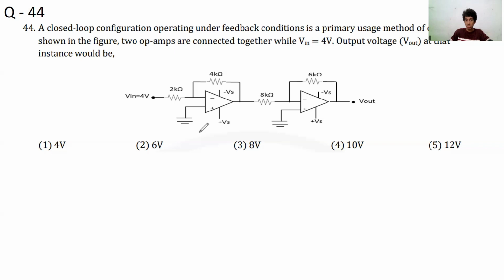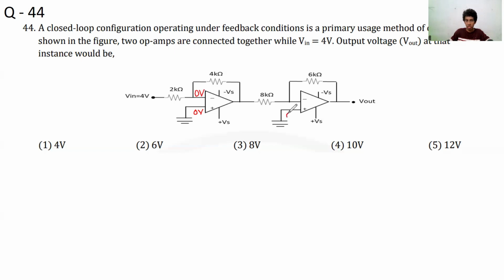And the second golden rule states that the current flowing into the op-amp input terminals is equal to 0. So here, as the positive input is grounded, the voltage at the positive input is 0 volts. And according to the first golden rule, as there is no voltage difference between the two op-amp input terminals, the voltage at the negative input is also 0 volts.